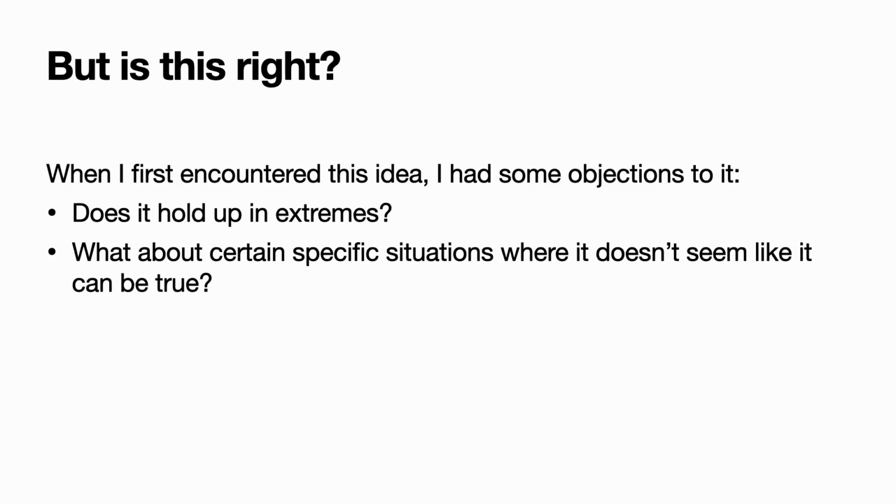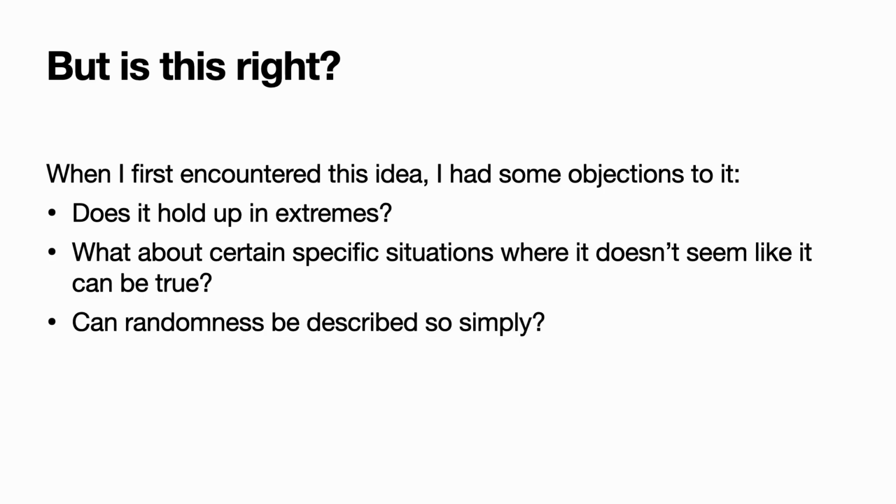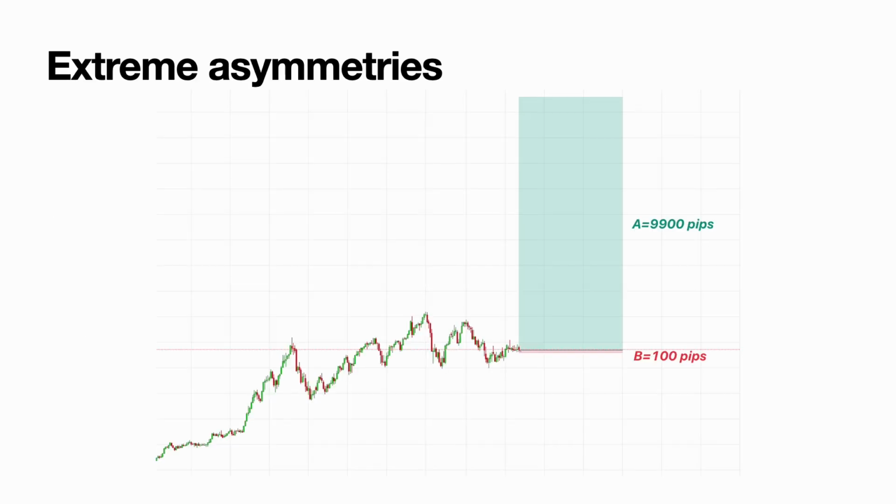I thought I came up with some ideas where the probabilities that the base rate presents just don't seem correct. And can randomness be described so simply? To me, it wasn't obvious even what randomness was, and if that's the case, how could one simple formula describe potentially any kind of randomness that could exist? So let's go through these one by one.